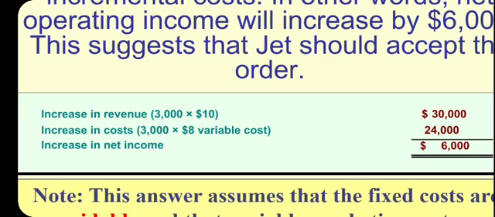The increment in cost is 24,000. So we can see here, if Jet Incorporated accepts the special order, the total increment in revenue is higher compared to the total increment in cost. So this situation shows that it is a good idea to accept the order.